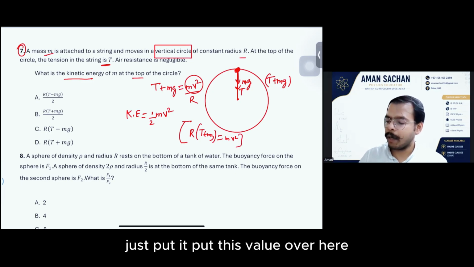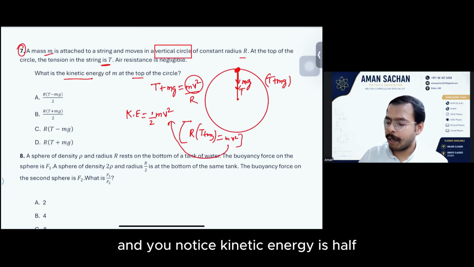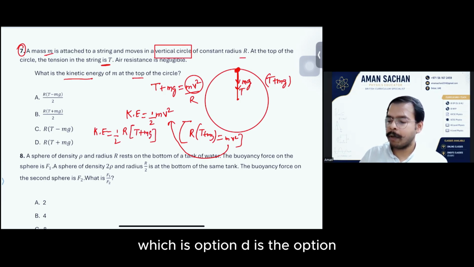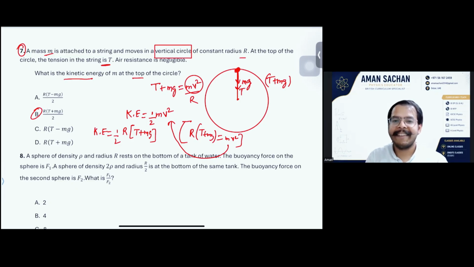Just put this value over here, and you notice kinetic energy, half mv square, is R bracket T plus mg, which is option D. This much easy it is.